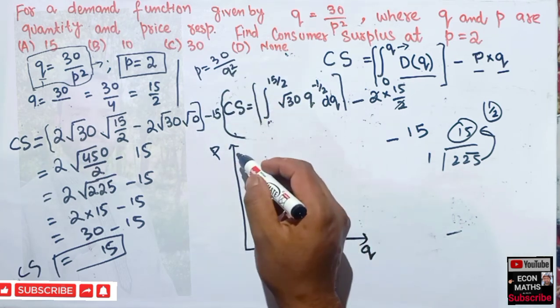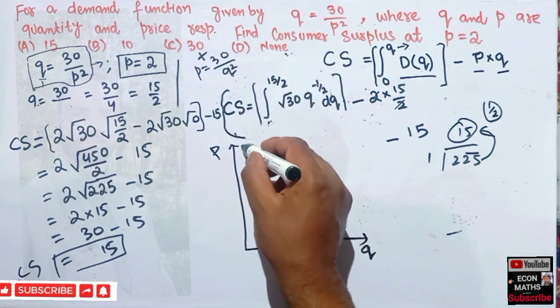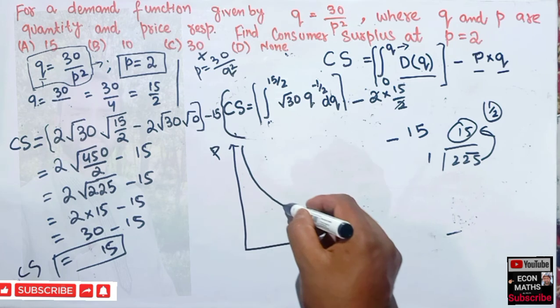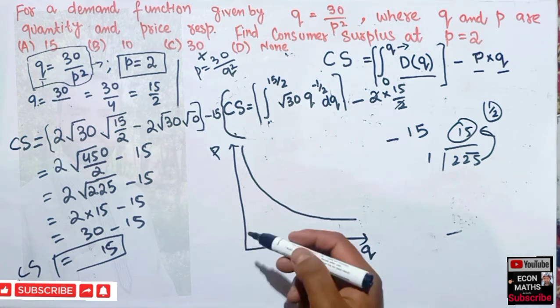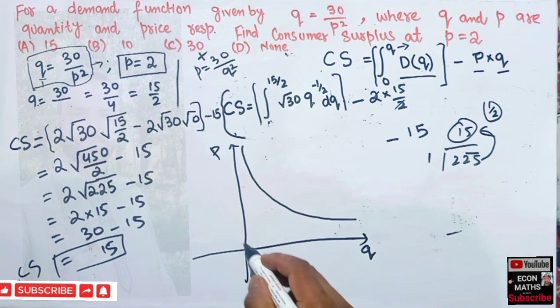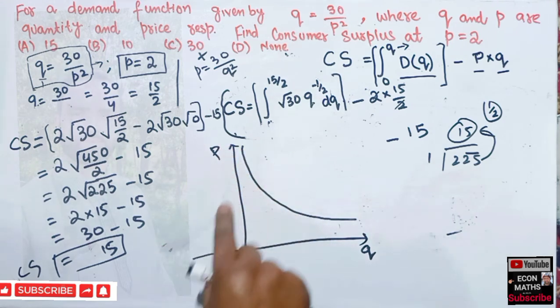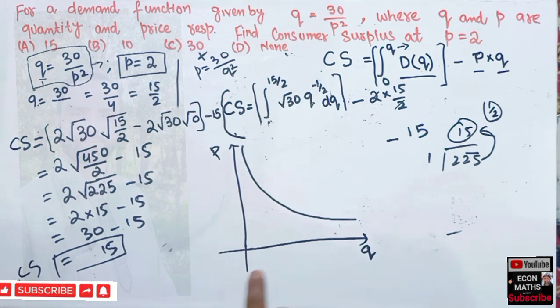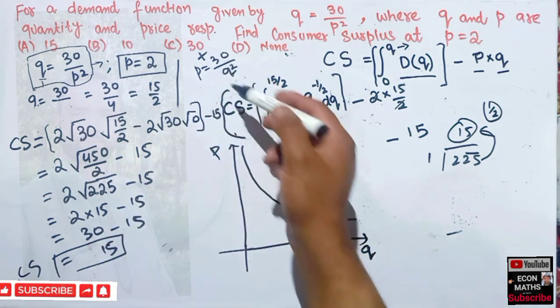Since we are taking only positive value here, our demand function was not a straight one, it was like this. Okay, a curved one here. If we take the negative value, then it would be another curve like this. Since we don't use the negative value here, because price cannot be negative, we take only the positive value.